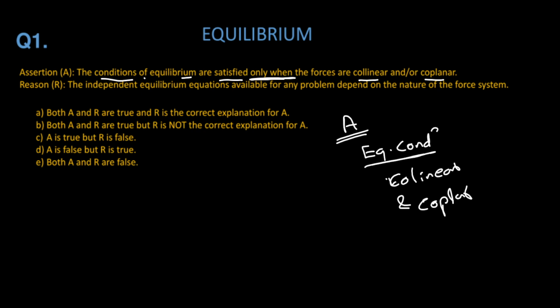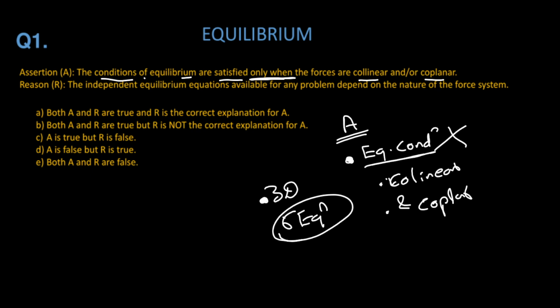Is this the condition for equilibrium? Not at all. In 3D we have seen we have a total of 6 equations. The 3D object was in equilibrium, but there is nothing mentioned that it should be coplanar and collinear. So the assertion is wrong.